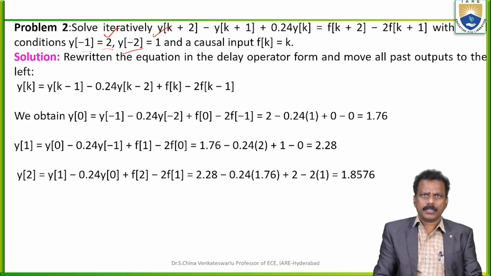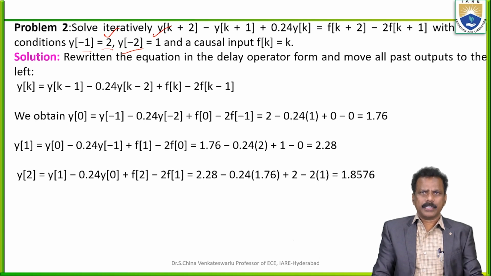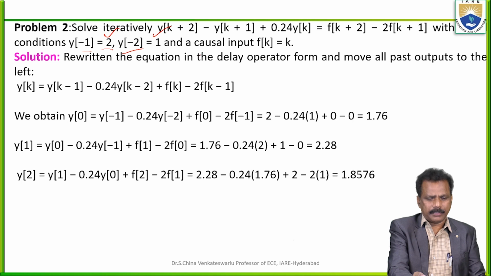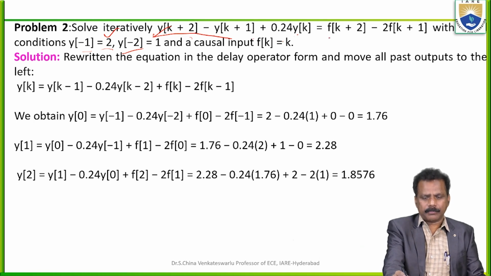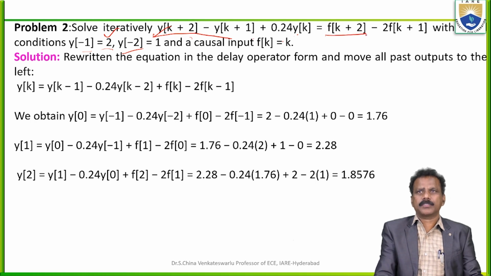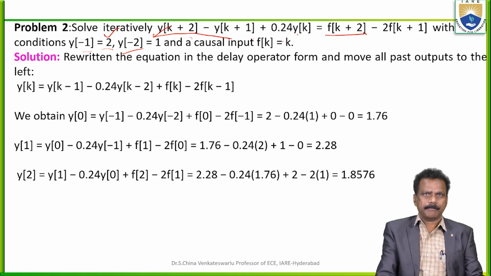Same procedure: we write the equation in the delay operator form and move all past outputs to the right, where y of k plus 2 becomes y of k. According to the given equation, y of k plus 2 minus y of k plus 1 plus 0.24 y of k is equal to f of k plus 2 minus 2 f of k plus 1.